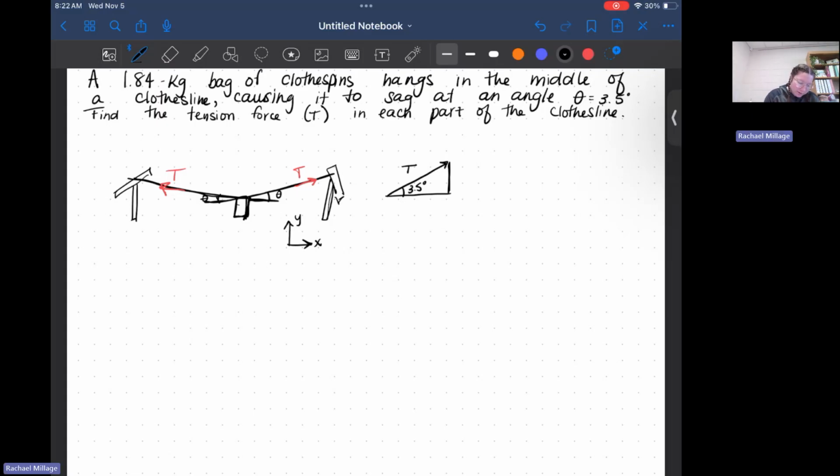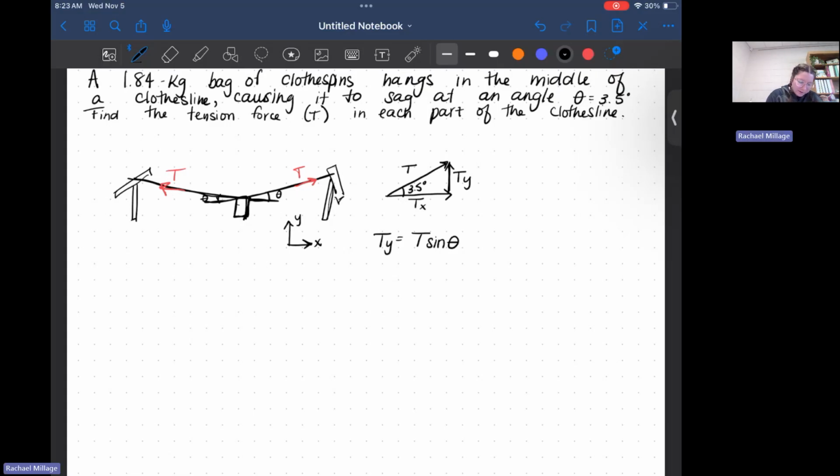So we're going to have some sort of tension in the y direction plus some sort of tension in the x direction. In order to split these up, hopefully you remember that when we're going to find the y of something, it's going to be the sine. So my tension in the y direction is going to be equal to my tension times sine of theta.